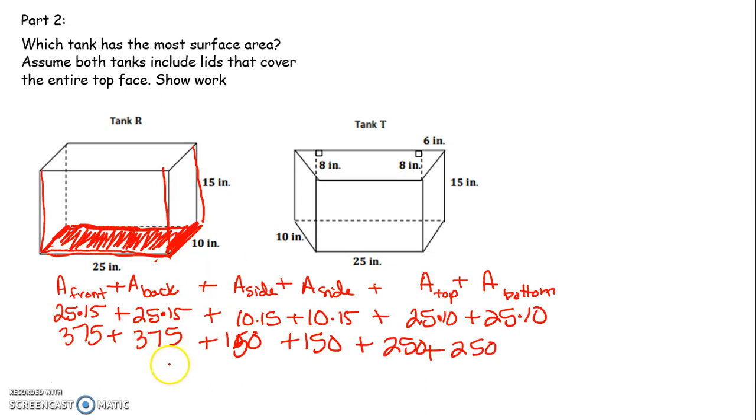So the surface area of tank R is 1,550 square inches for area.